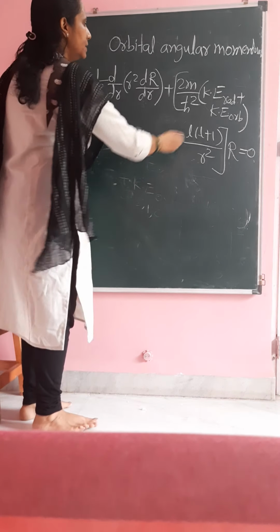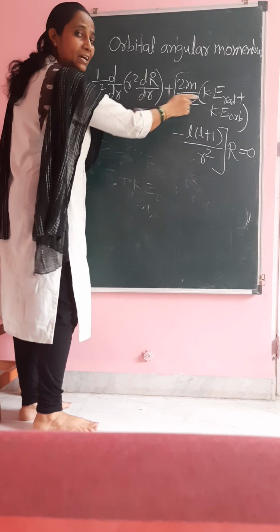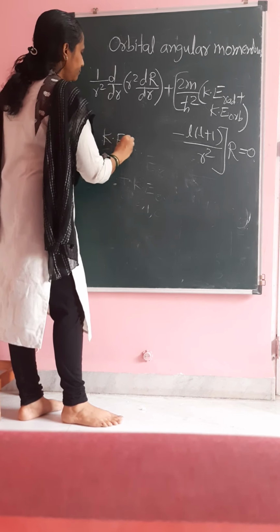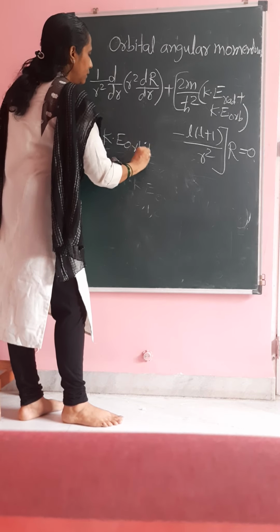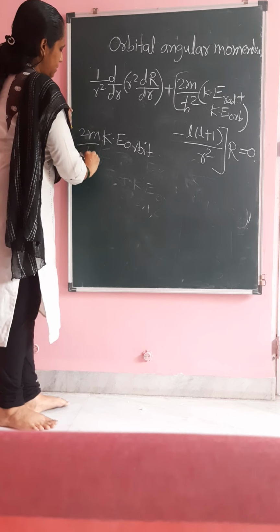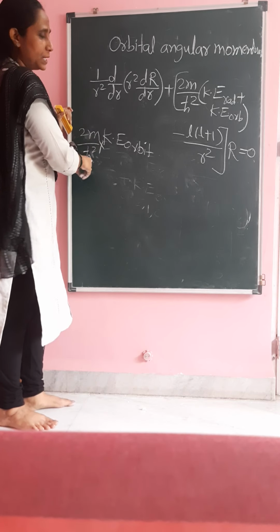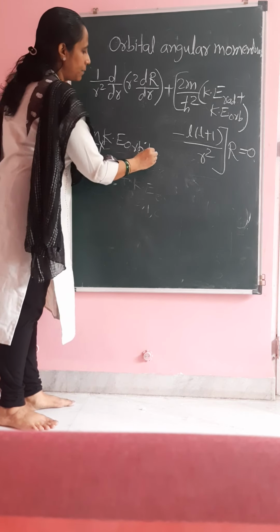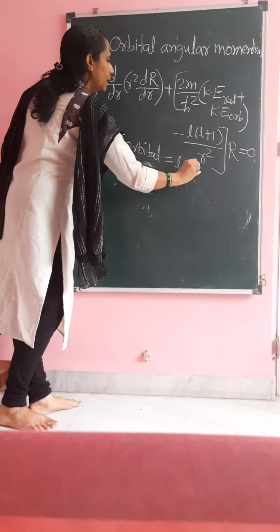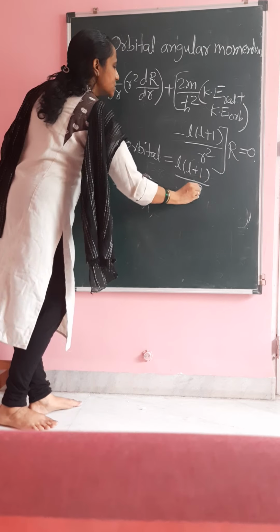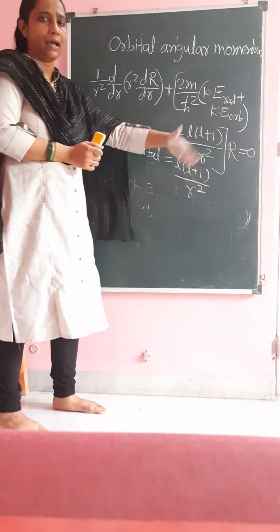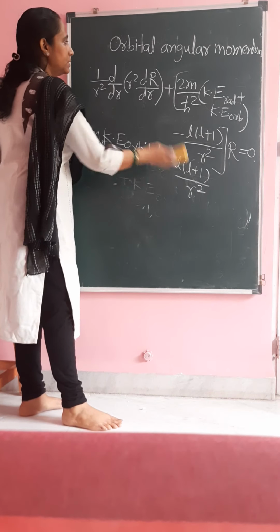So for this to be purely radial, this kinetic energy orbital term, which is multiplied by 2m by h cross square, should be equal to l into l plus 1 upon r square. This capital R will be 0 because it is constant, while dividing.